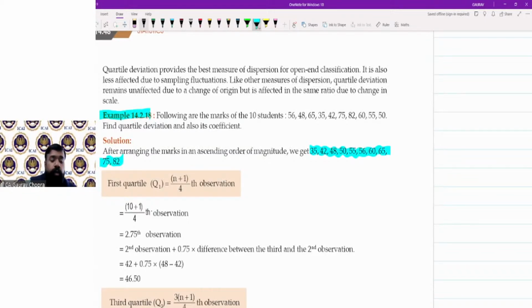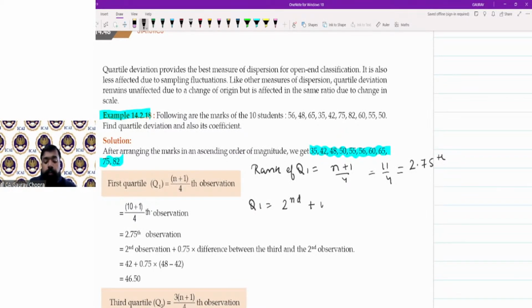For the calculation of Q1, we have to find out the rank of Q1. The rank of Q1 will be (n plus 1) by 4. So (10 plus 1) by 4 will give us 2.75 rank. Here the rank is in decimal. So how to find Q1?